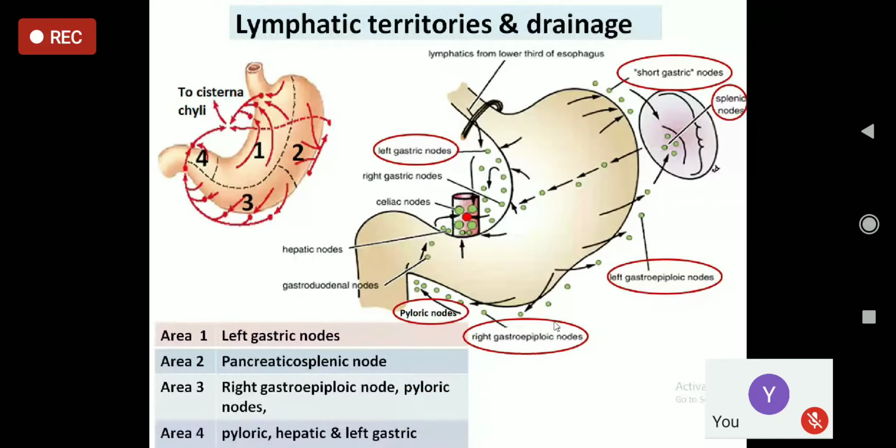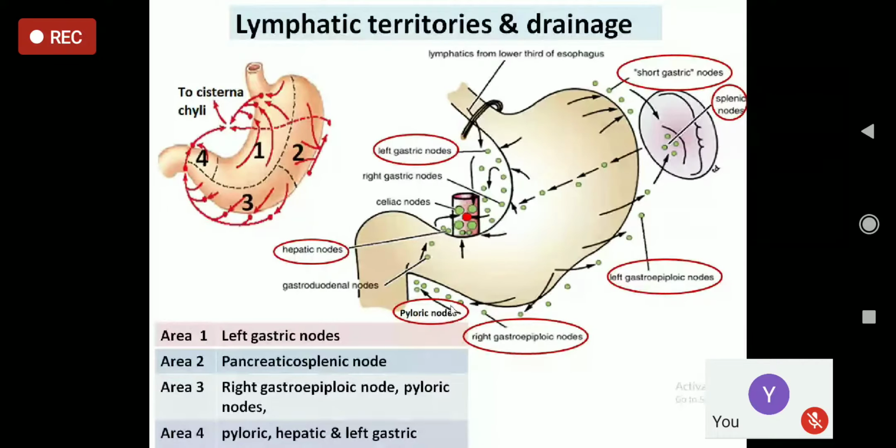Finally, area number 4 denotes the remaining part of the pylorus. Area number 4 drains into all three lymph nodes: towards the pyloric node, towards the hepatic node, and towards the left gastric node.